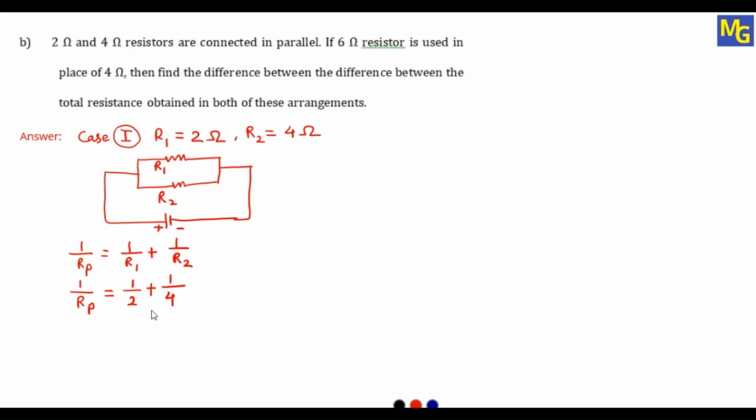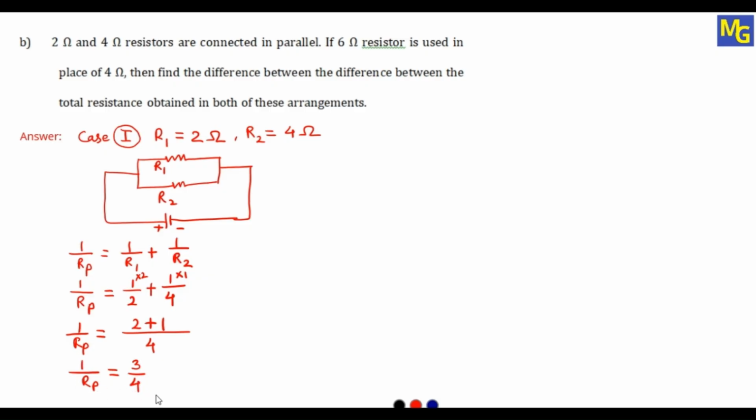Take the LCM of 2 and 4. The LCM will be 4. I hope you know how to calculate the LCM. Here multiply by 2, 2 2s are 4, and here 4 1s are 4. So 2 plus 1, 1 by Rp is equals to 3 by 4.